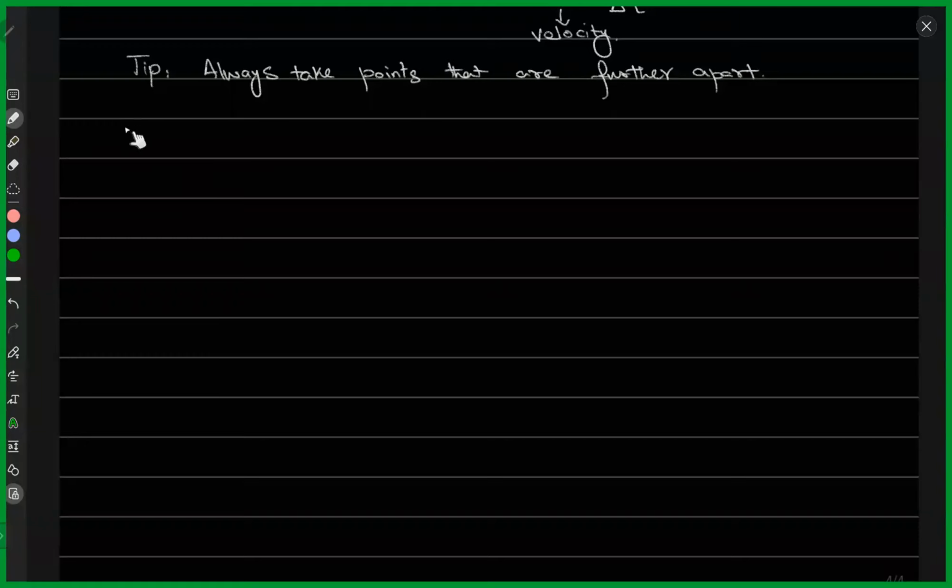So the next thing is, if the slope is 0, how can the slope be 0? We know that slope is defined as delta y by delta x.